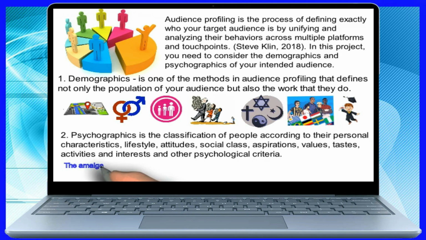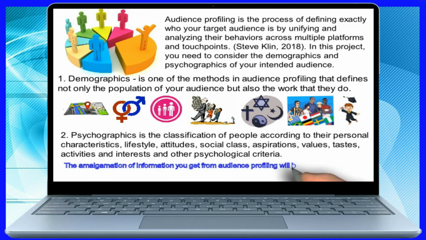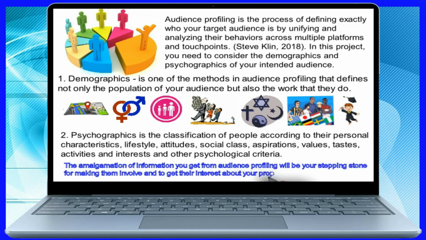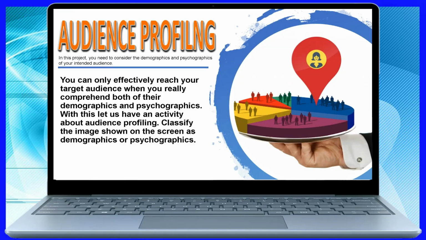The amalgamation of information you get from audience profiling will be your stepping stone for making them involved and to get their interest about your proposed ICT project. You can only effectively reach your target audience when you really comprehend both their demographics and psychographics.